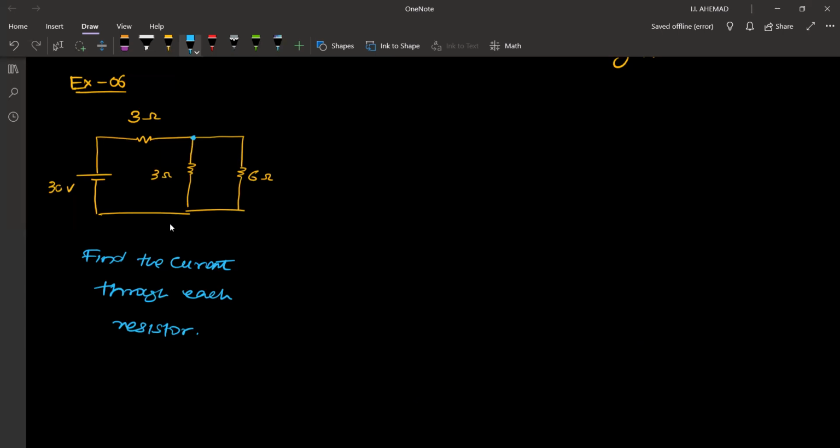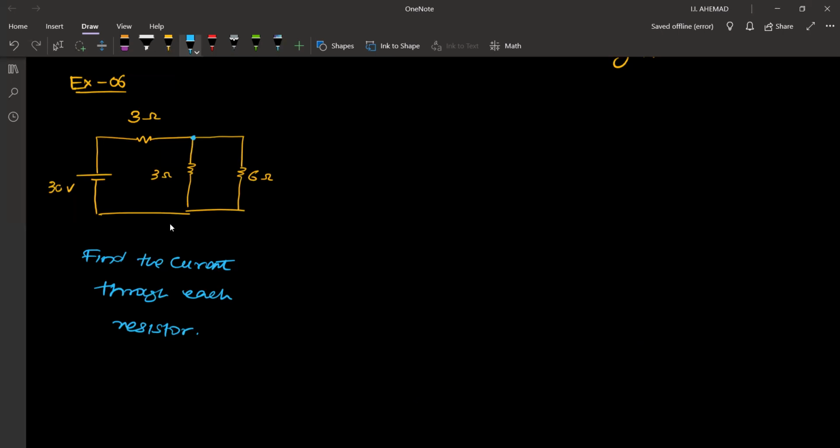It is always easy for us if we minimize the number of unknowns. So when we are marking the current in the branches, if we analyze the circuit, think a little and then mark, it should be really easy for us. Okay, so now we have to find the current in each branch.